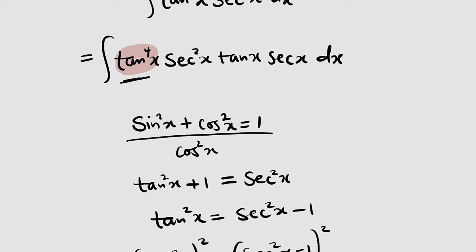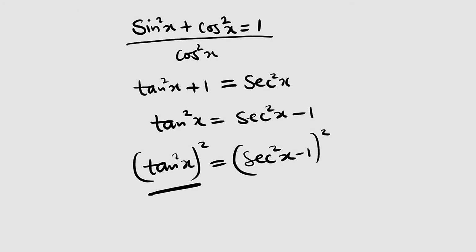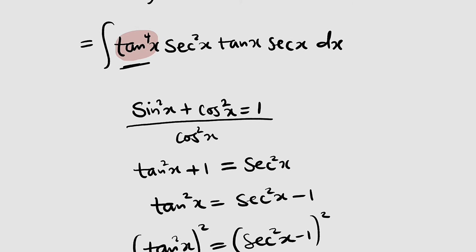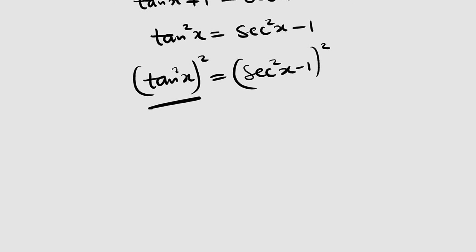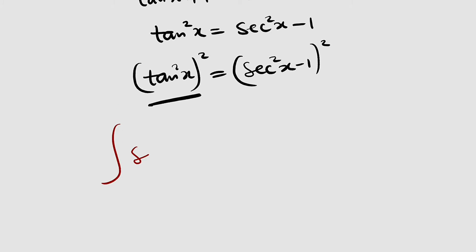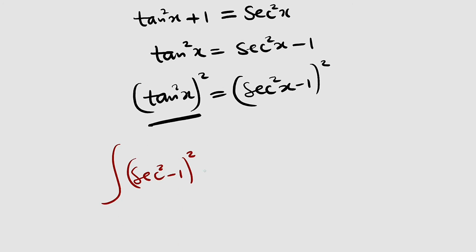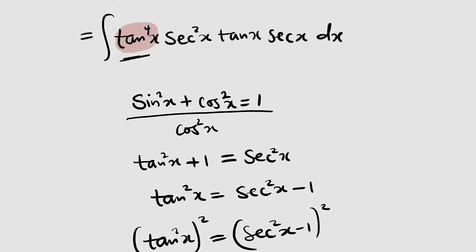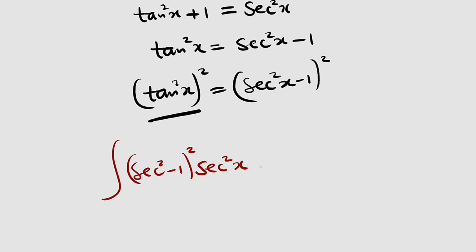Therefore, we can write this as secant squared x minus 1 all squared. So our integral becomes secant squared x minus 1 all squared, times secant squared x, and the other ones we have are tan x secant x dx.